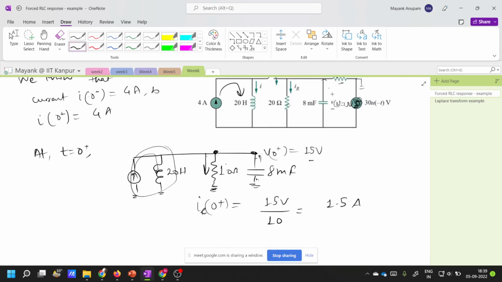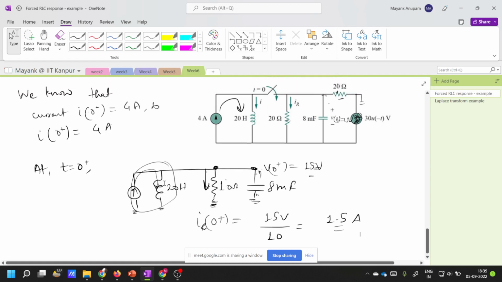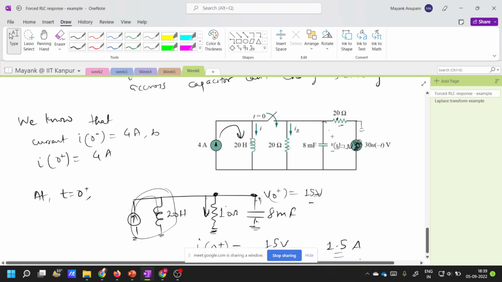So this is equal to 15 volt just after the switch is closed, and this will cause a current to flow through this resistor, which is equal to what? 1.5 ampere. Now this current is not going to come from this current source or this inductor, because the current is completely flowing through the inductor, just after the switch is closed. This is because the current through the inductor cannot change suddenly.